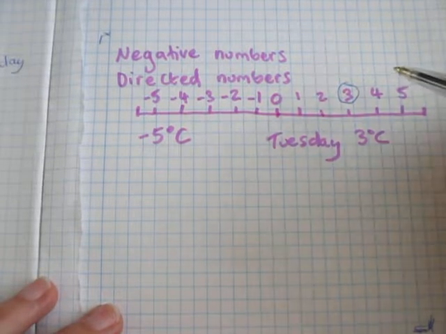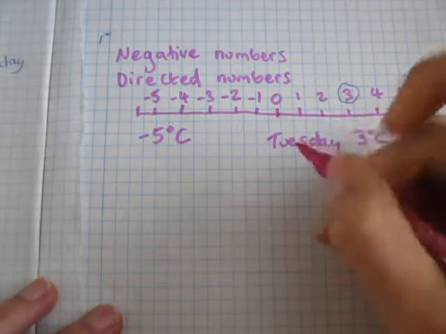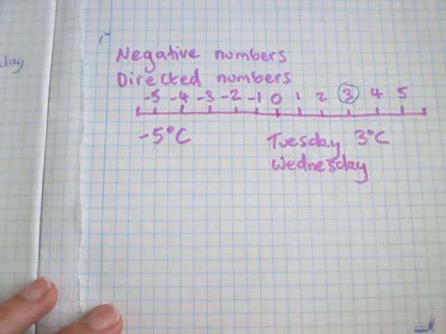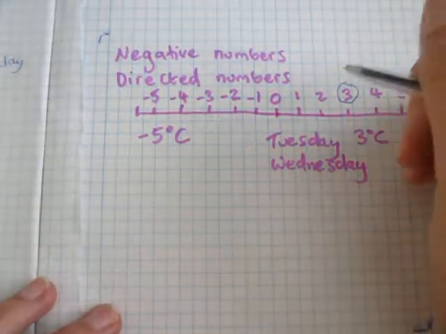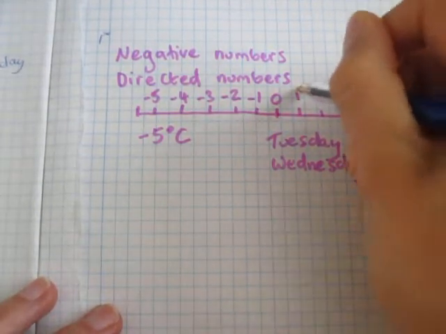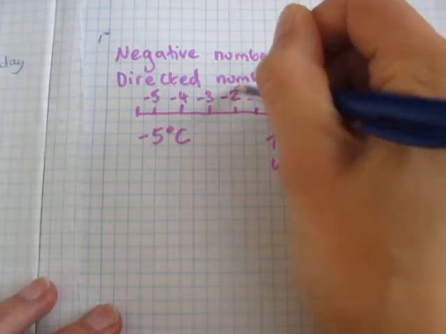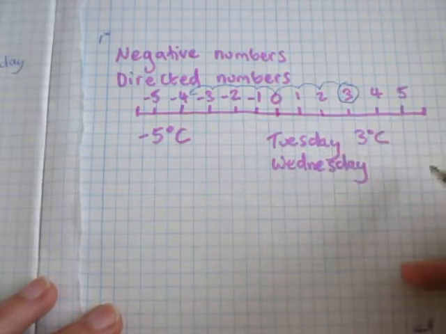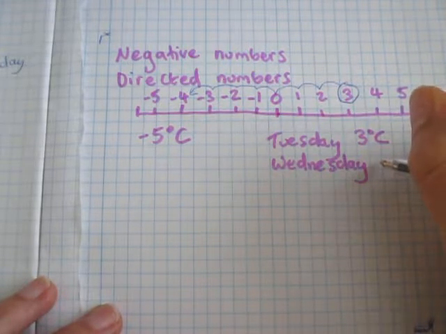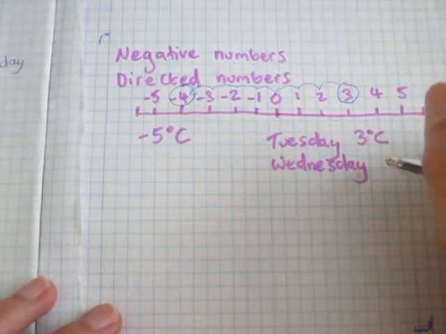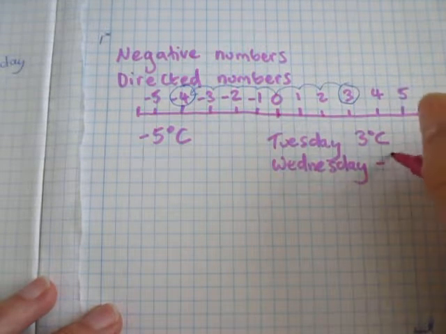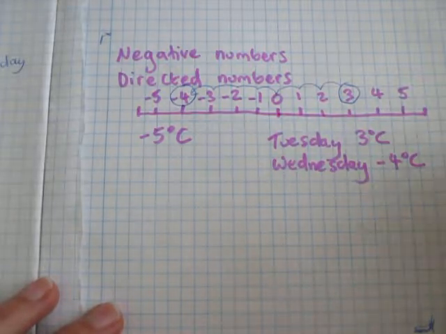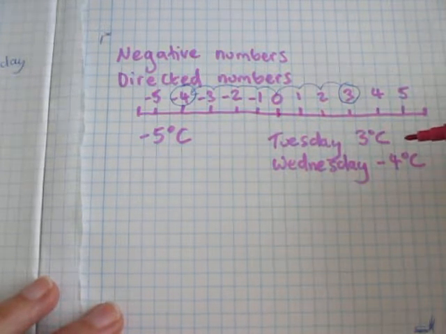Then on Wednesday, the temperature drops by 7 degrees. 1, 2, 3, 4, 5, 6, 7. So the temperature is now -4 degrees. So that's one example of when directed numbers or negative numbers are useful.